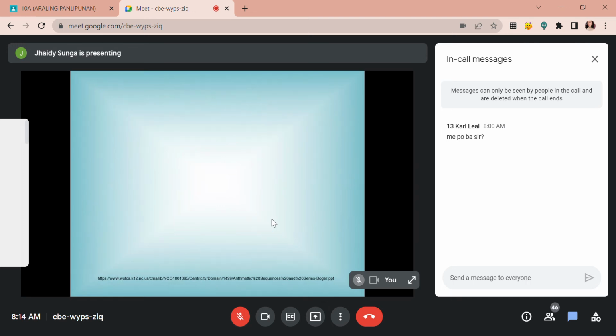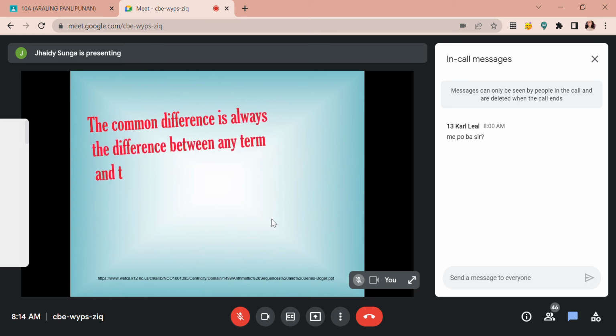So it's nice that you are having this practice with that kind of sequence. So we have this common difference, and we also say that in common difference, the difference between any term and the term that follows has this difference.